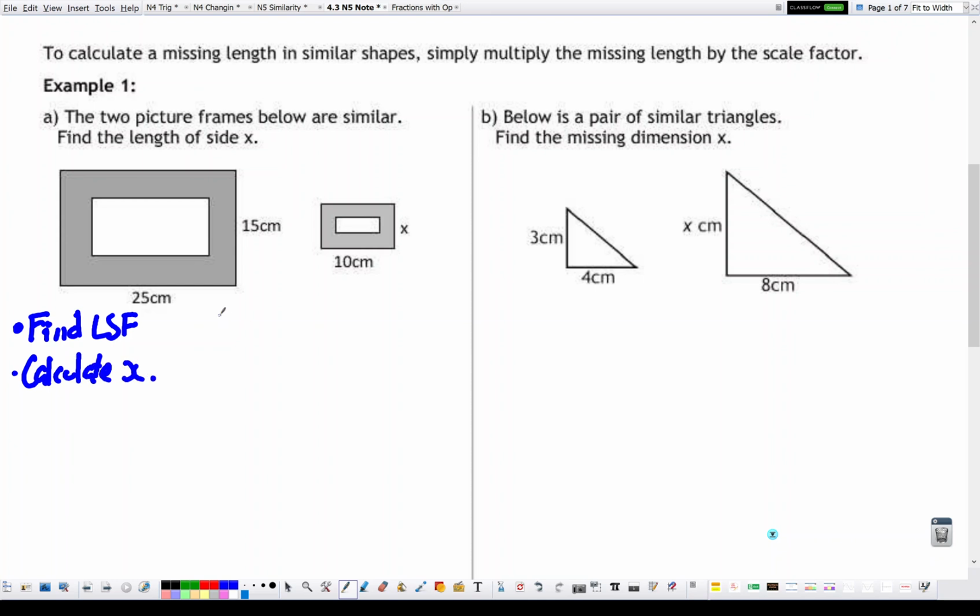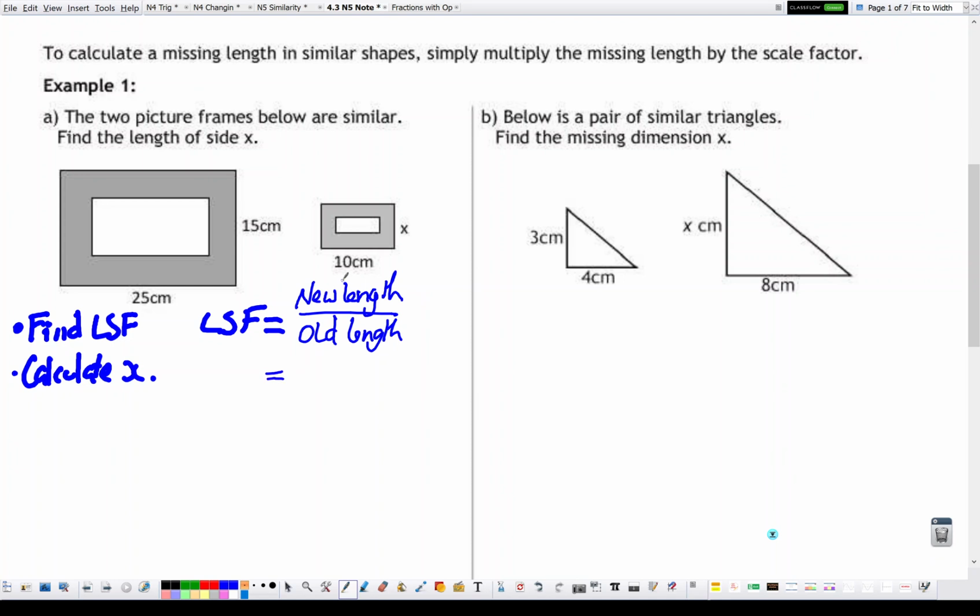The length scale factor is always the new length, or the one with the unknown, divided by the one in the shape that I'm given at the start. So it is always new length divided by old length. This has to be only using the two sides that I am given numbers for.